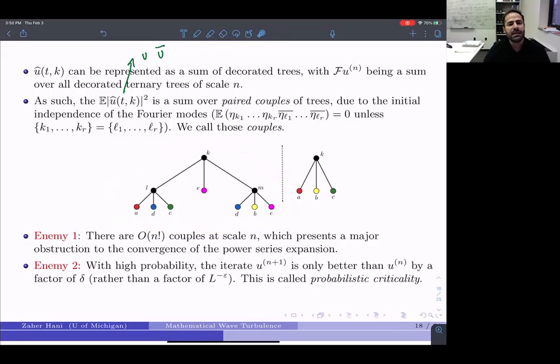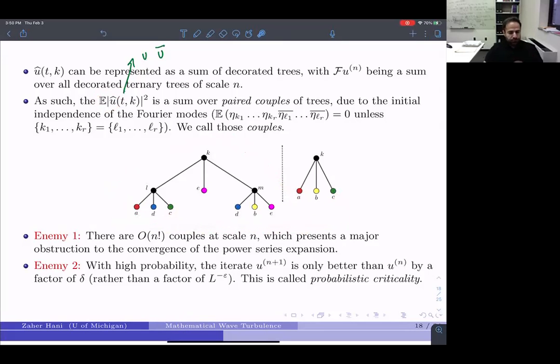But the key point is that the leaves of those trees are paired to each other, and they are paired because we are taking this expectation. By taking this expectation, this essentially pairs the leaves of those trees. I denote this by using colors. So here, this leaf is paired to this leaf because they're both red. This leaf is paired to this leaf, etc.